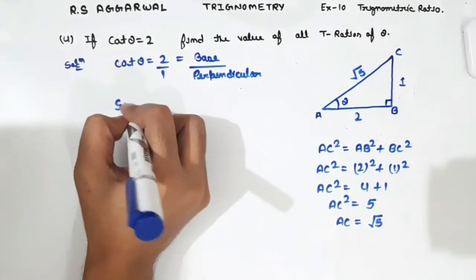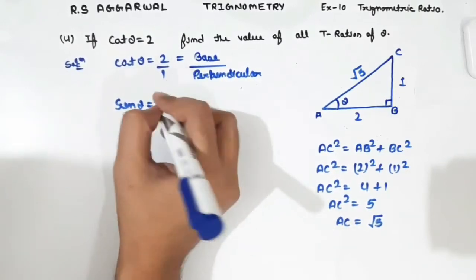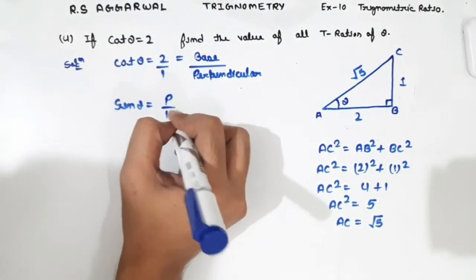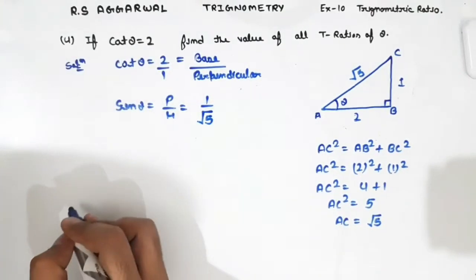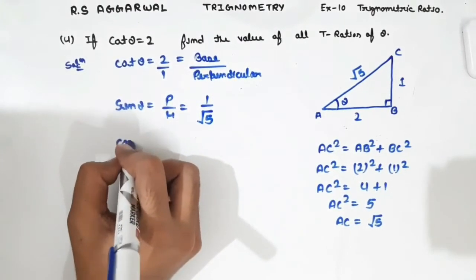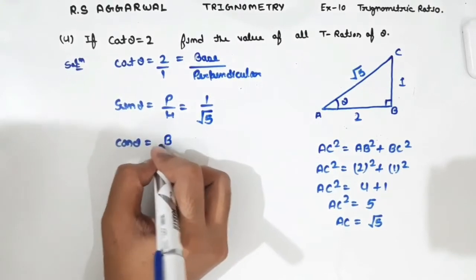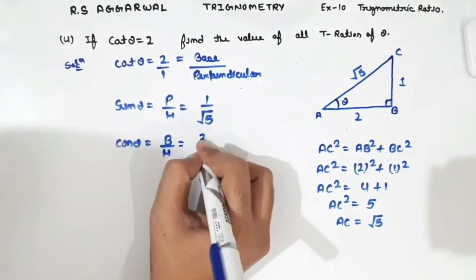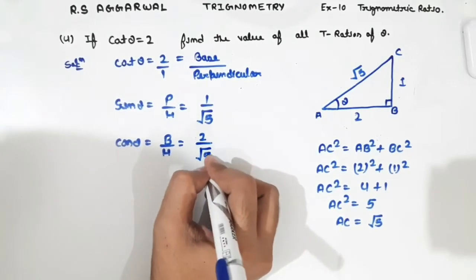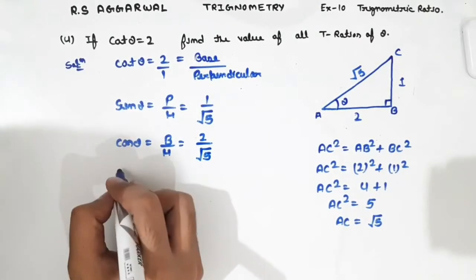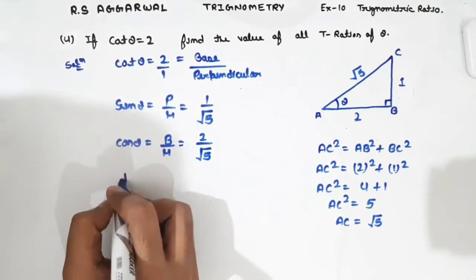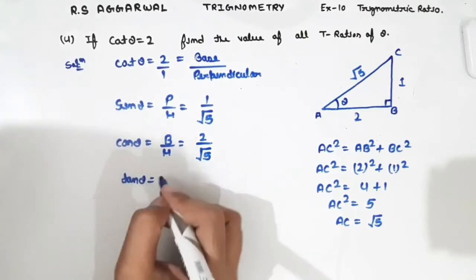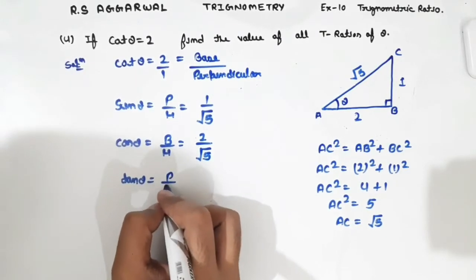So now sin theta, we know that sin theta is given by perpendicular upon hypotenuse. So our perpendicular is 1 and hypotenuse is root 5. Then cos theta is given by base upon hypotenuse. So our base is 2 and hypotenuse is root 5. Then tan theta is given by perpendicular upon base.